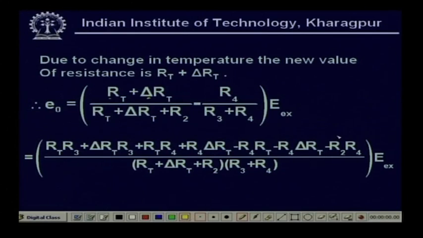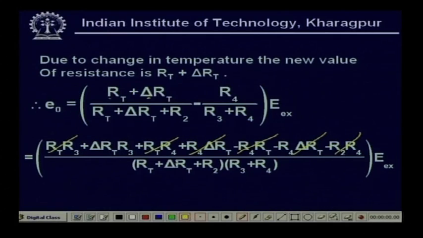Interestingly, you see that RT R4 and minus R4 RT will cancel out, then R4 delta RT and minus R4 delta RT also will cancel out. Now, RT R3 and R2 R4, according to the condition, will cancel out.